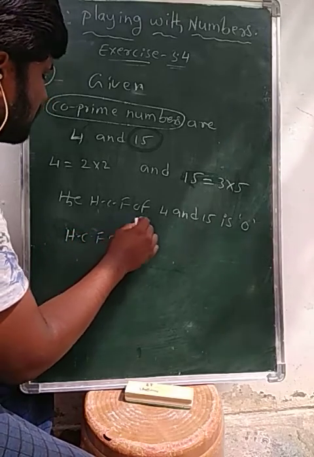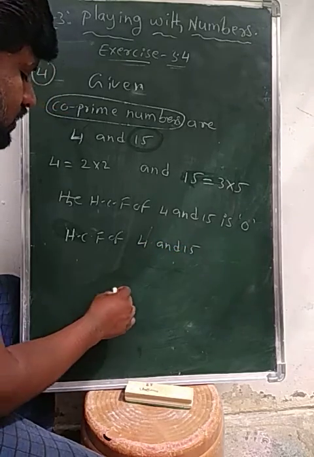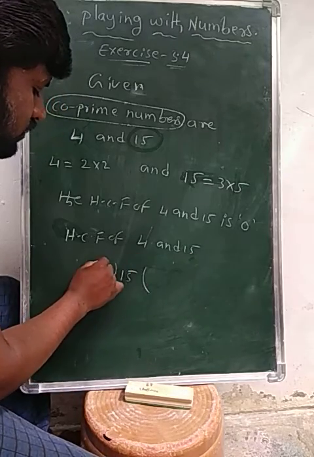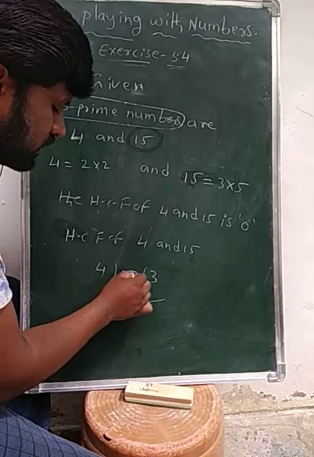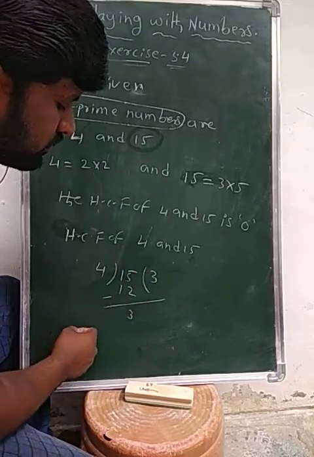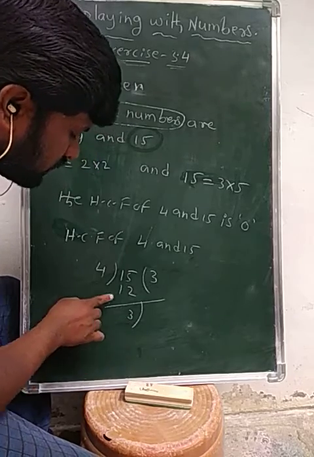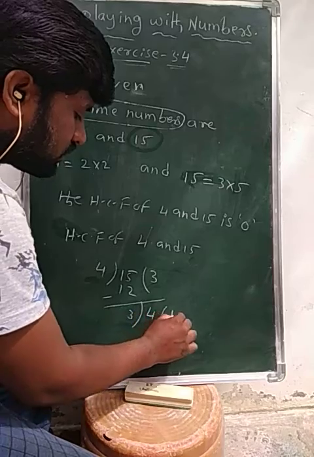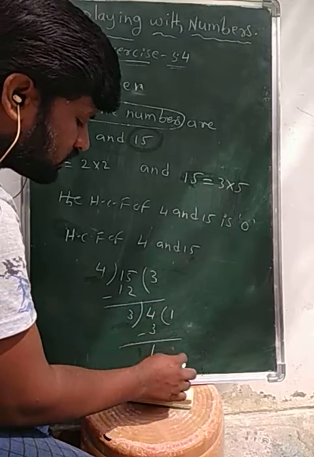I am dividing 15 by 4. 4 threes are 12. We get the remainder 3. The remainder 3 acts as the divisor and the divisor 4 acts as the dividend. 3 ones are 3, 4 minus 3 is 1.